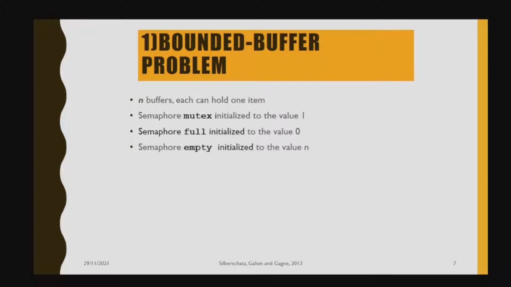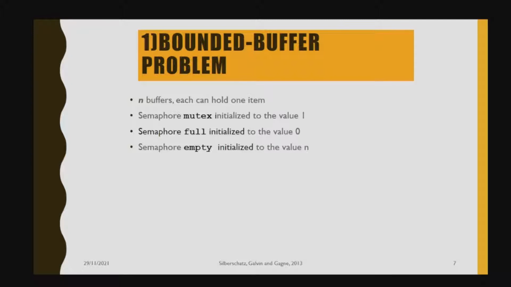Under the bounded buffer problem, we have n buffers and each can hold only one item. You need to recall what a semaphore is from the previous video. The semaphore mutex is initialized to the value 1, just like when we do it logically in programming.